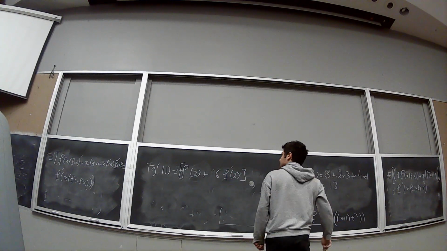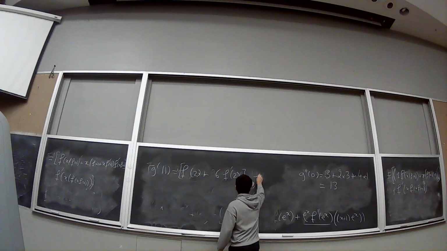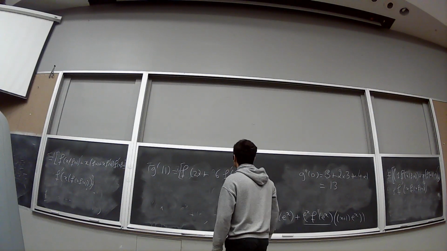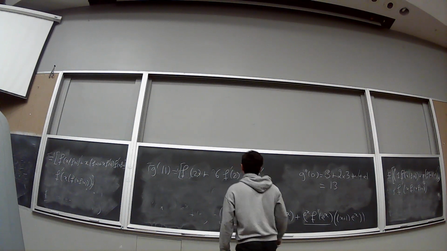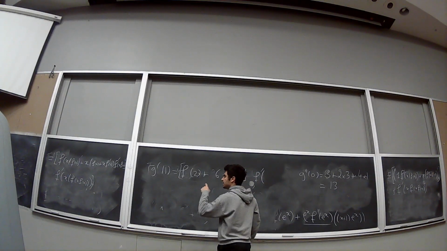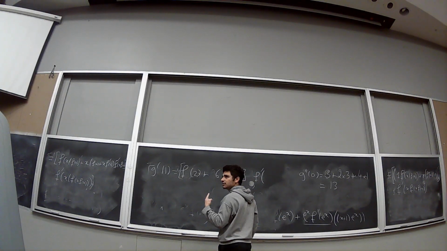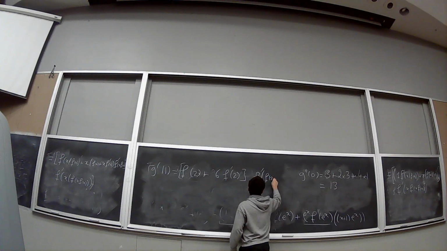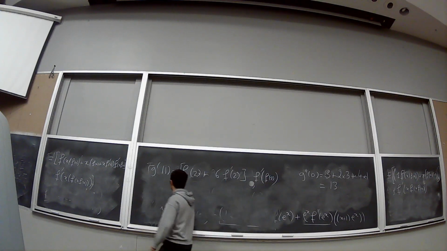Times f prime of, what did we say? So f of 1, x is 1, and f of 1 is equal to 2, right? And f of 2, so it's f prime of f of 2.